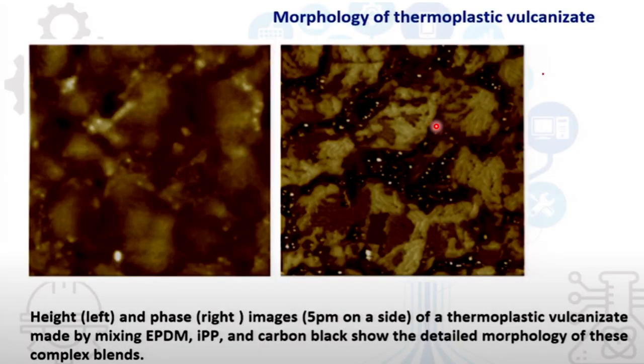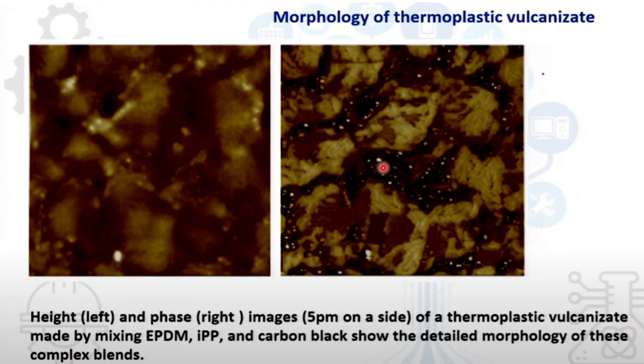So TPV and TPU, these are also two important fields in polymers. What is TPE? Thermoplastic elastomer, and TPV is thermoplastic vulcanizate. It is showing the height image on the left and the phase image.